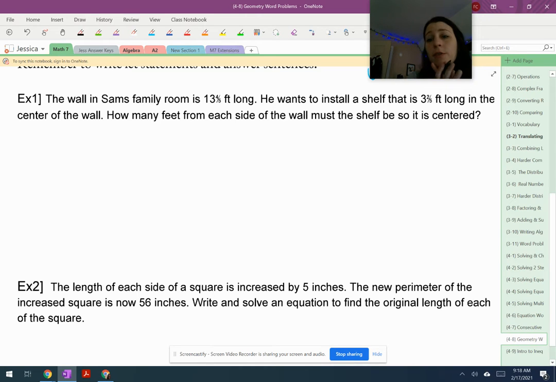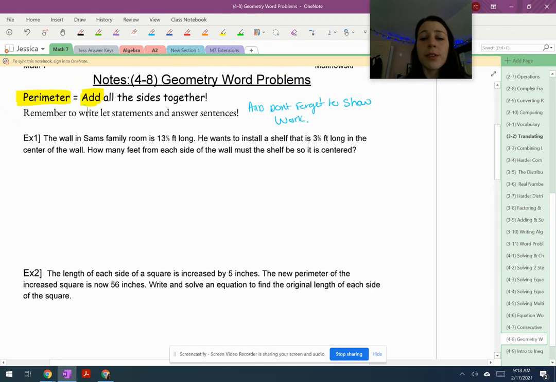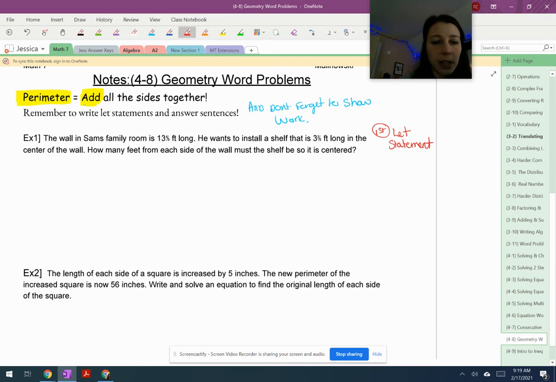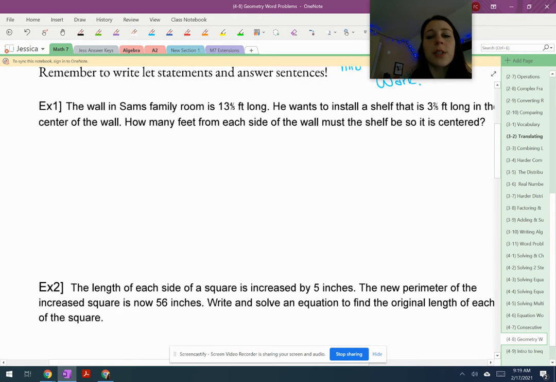Okay, so remember, just like with our previous ones, we're going to definitely start off with a let statement. So again, first is a let statement. The let statement comes directly from what the question is asking us. This is asking us how many feet from each side of the wall must the shelf be so it is centered.